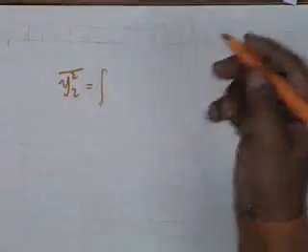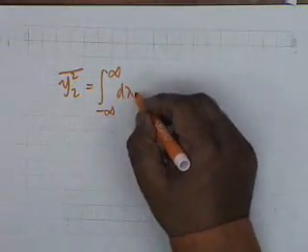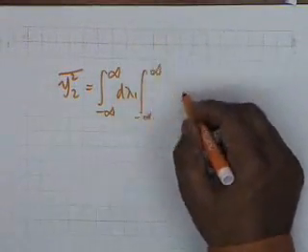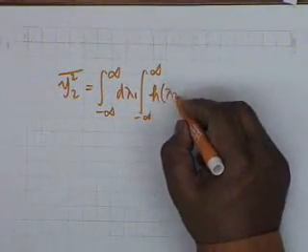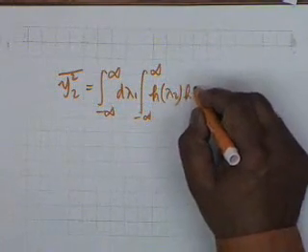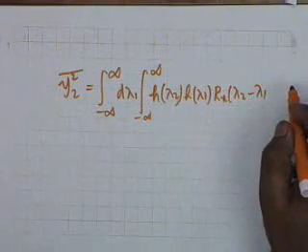If you recall, we have to go back to the formula: the integral from minus infinity to infinity, d lambda 1, d lambda 2, of h lambda 2 h lambda 1 Rx of lambda 2 minus lambda 1.